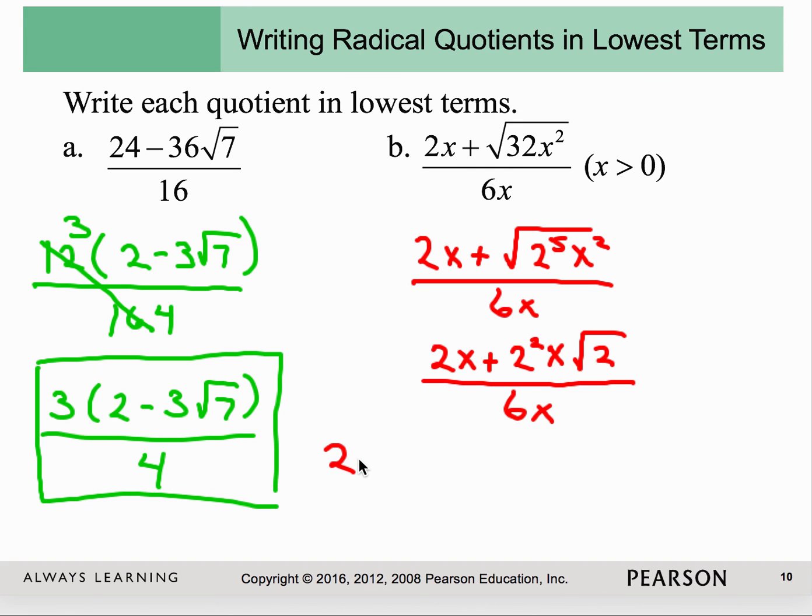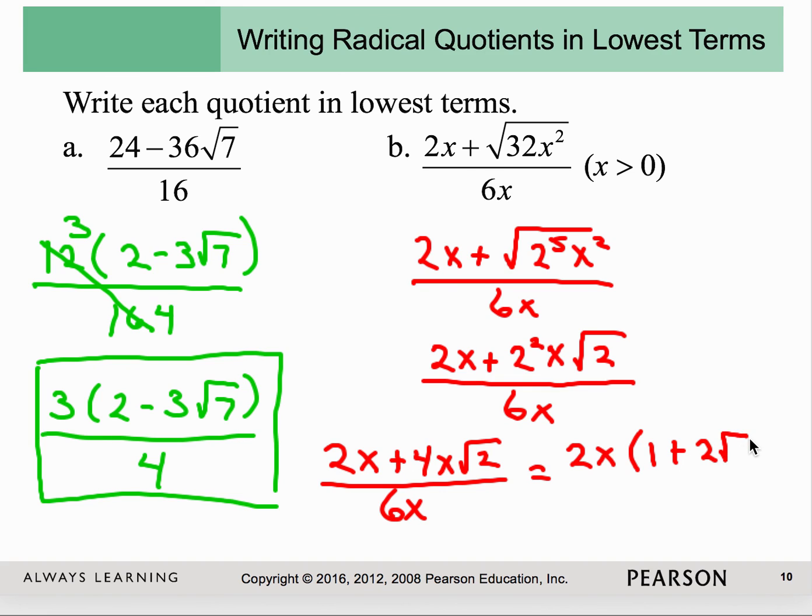I'm going to move over here so I'll get some more room. 2x plus 4x square root of 2 over 6x. And I can factor out a 2 and an x. 2x, that leaves 1. Got to have something there. 1 plus 2 square roots of 2 all over 6x.